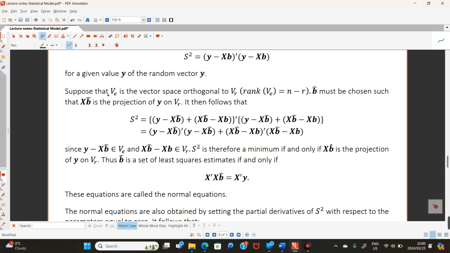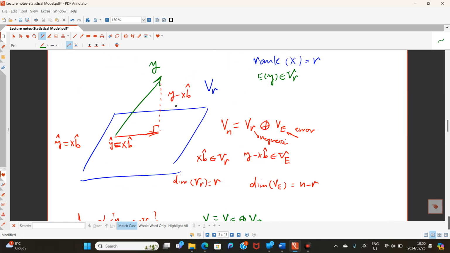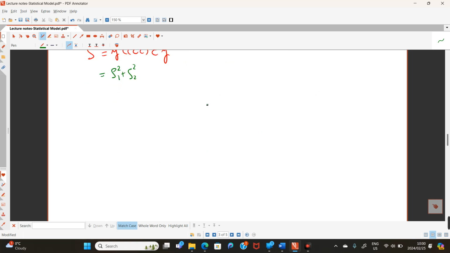And B hat must be chosen in a way that X B hat is the projection of Y on VR. Remember from this depiction here, it's a schematic representation of what is going on now with the sum of squares. You see, I can find B hat if I consider the projection of Y on VR.